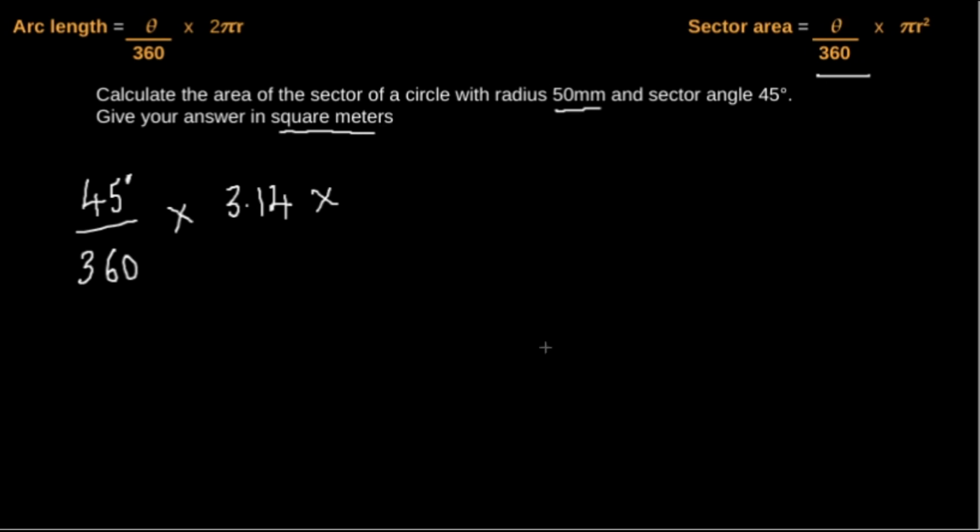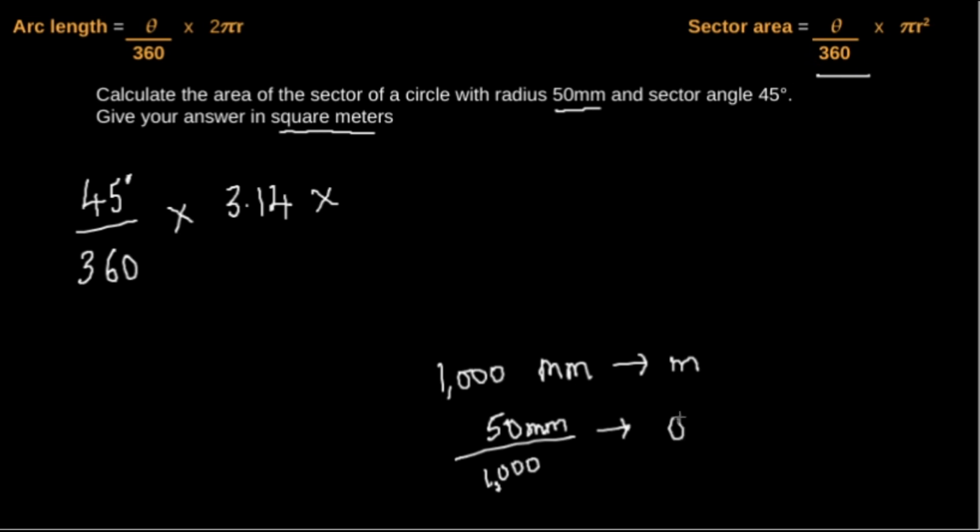So let's convert millimeters to meters. Now 1,000 millimeters makes 1 meter, so 50 millimeters would have to be divided by 1,000 for us to get its value in meters, and that would be 0.05 meters.